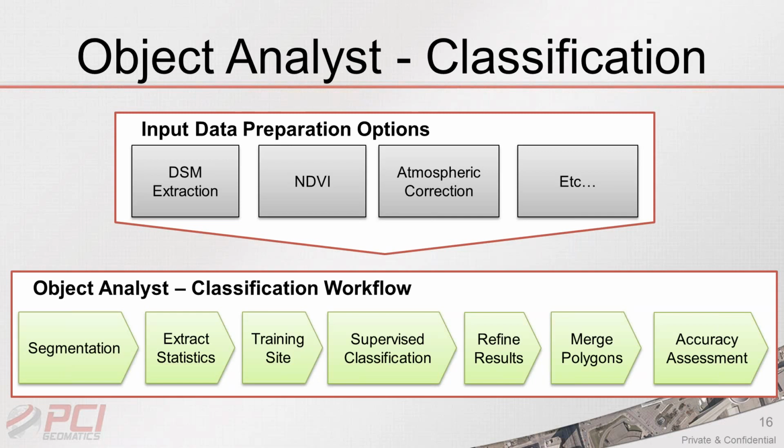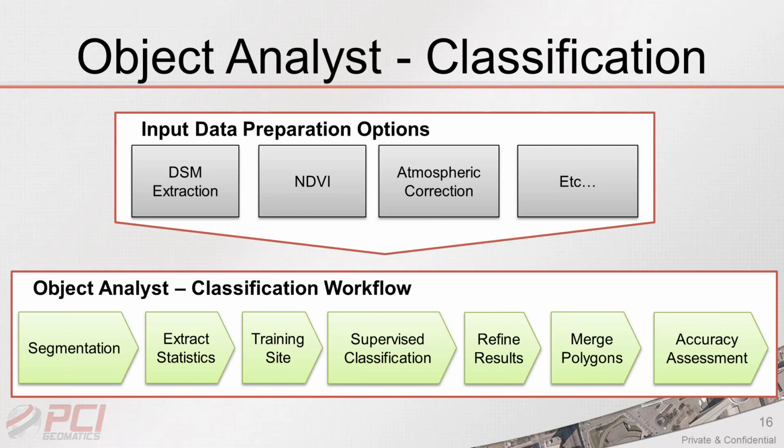One of the benefits of our Object Analyst wizard is that you can work with a number of different input layers as opposed to just simply RGB or near infrared or image channels. We can work with derivative layers such as digital surface models, or in the case of our demo coming up, normalized feature heights. So this is where we just get the heights of features such as buildings and trees and so on above local ground as opposed to above sea level.